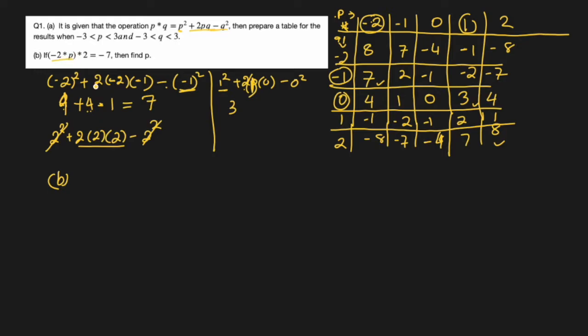If -2 star P star 2 is -7, find P. So there is something star 2 is -7, and that's something we can get from the table. And -7 is here. Second number should be -2. Here the first number P is 2, right?